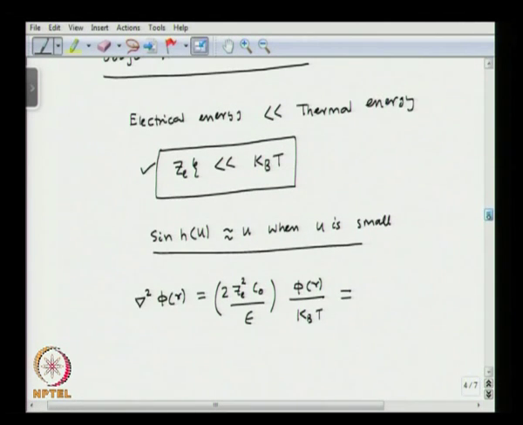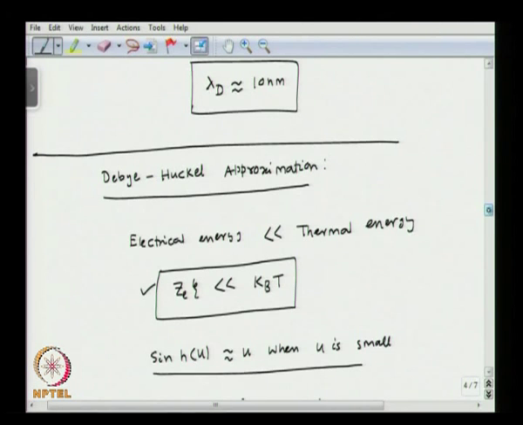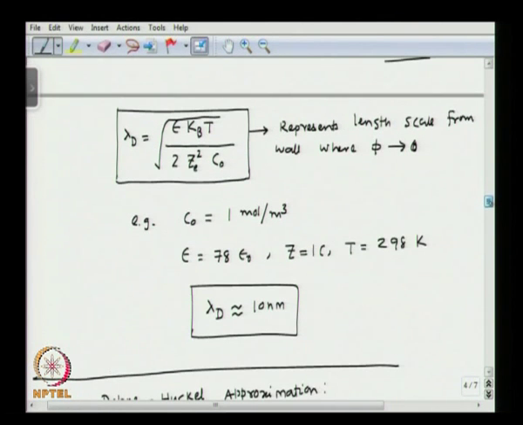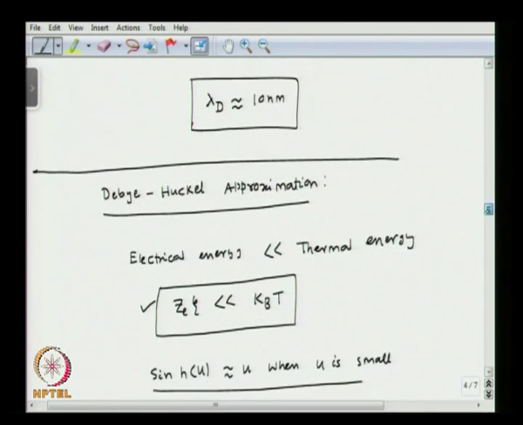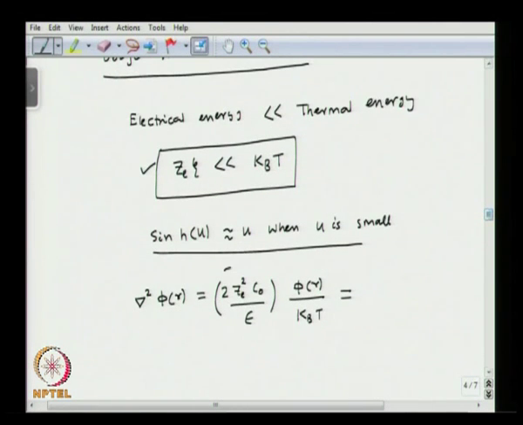If you look at the expression for lambda d, 1 over lambda d square will be this, so this is nothing but 1 over lambda d square. So you can write this as 1 over lambda d square into phi r.